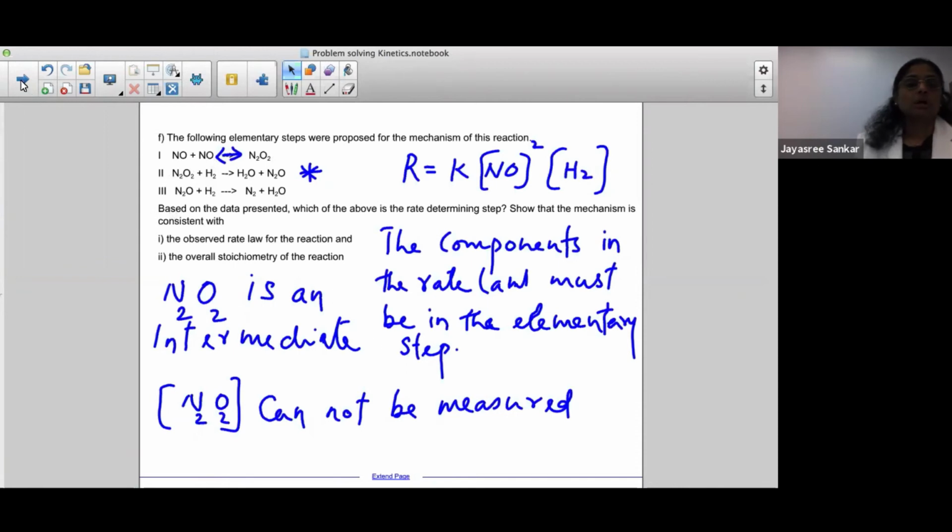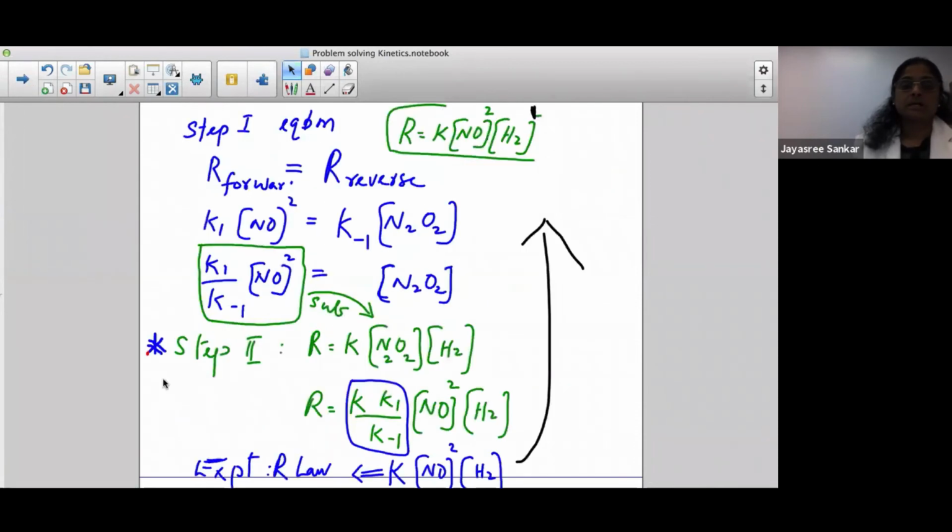So I'm going to say that the second step is the rate determining step because it has hydrogen in it, and I could replace the N2O2 from the first step. So based on the second step, my rate law should be like this: rate = k times [N2O2] times [H2].